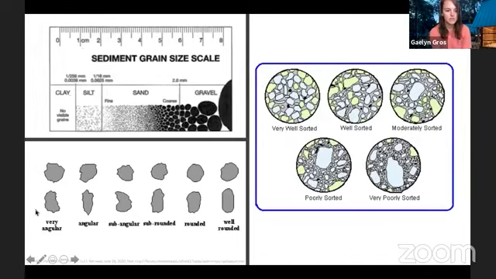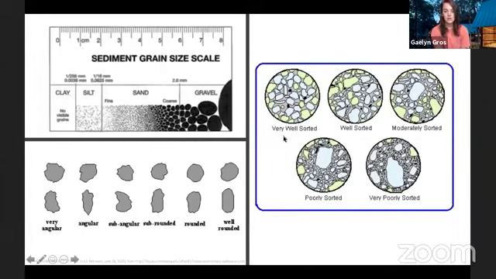So here's very angular or angular, subangular, subrounded, and there's multiple different ways of classifying it based on shape. This is just one image that I found, but in different scientific papers they may have different names for these.